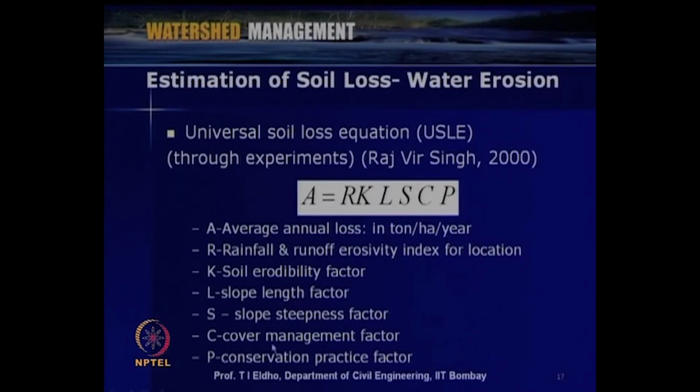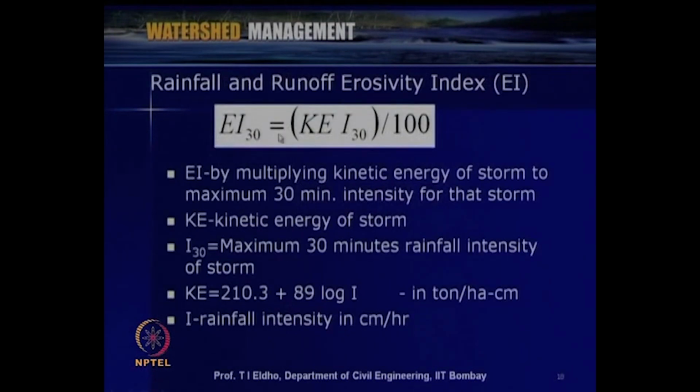So, various relationships are available for these various factors, and based upon the watershed or the area, we can assign values for each of these parameters, and then we can estimate the average annual soil loss using this universal soil loss equation as far as water erosion is concerned.